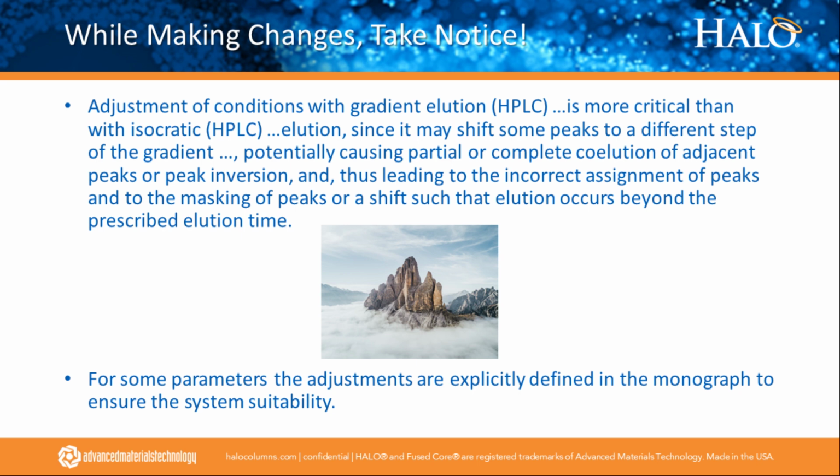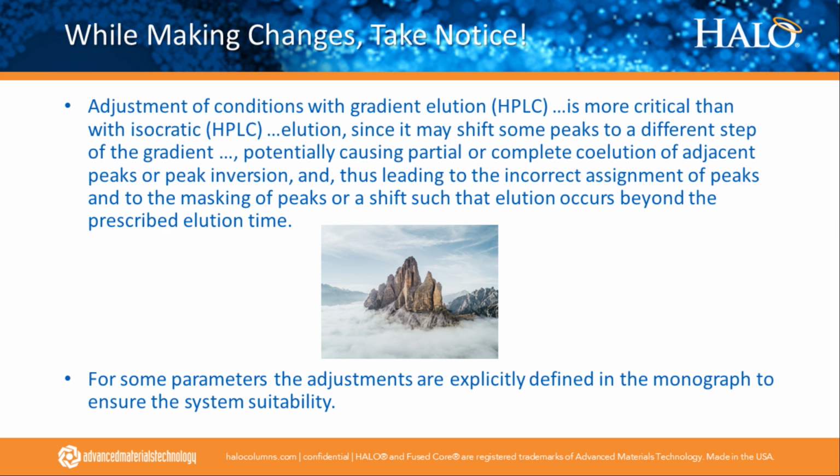In terms of the adjustment of conditions with gradient elution for HPLC, this is more critical than with isocratic elution, since it may shift some peaks to a different step of the gradient, potentially causing partial or complete coelution of adjacent peaks or peak inversion, and thus leading to the incorrect assignment of peaks, and to the masking of peaks or a shift such that elution occurs beyond the prescribed elution time.